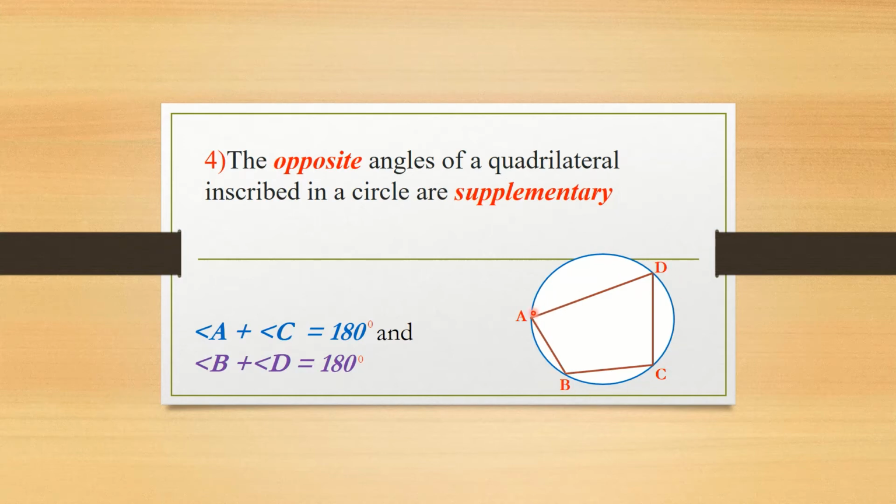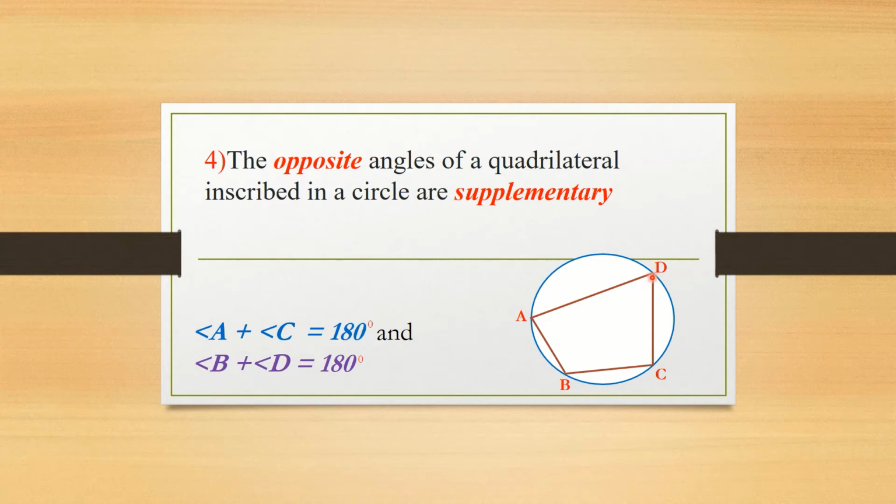ABCD is a quadrilateral. According to this concept, angle A and angle C are opposite to each other. That means the sum of angle A and angle C will give you 180. Supplementary means the sum is equal to 180.